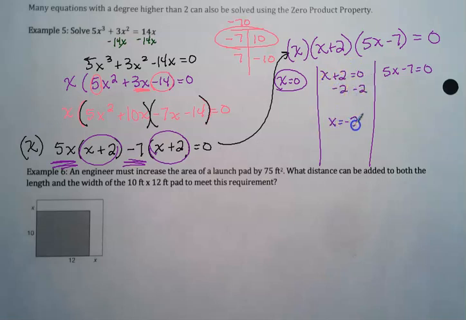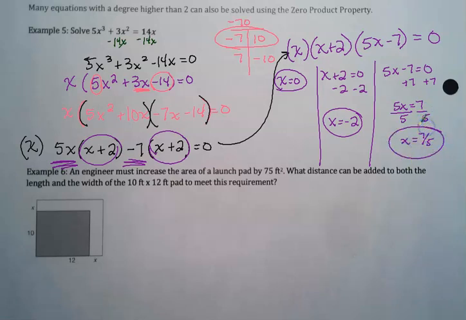So x equals negative 2 as a solution. 5x minus 7 equals 0. We're going to add 7 to both sides. 5x equals 7. Divide by 5. x equals 7/5. So we have 3 solutions here for this one. Our solutions are 0, negative 2, and 7/5.